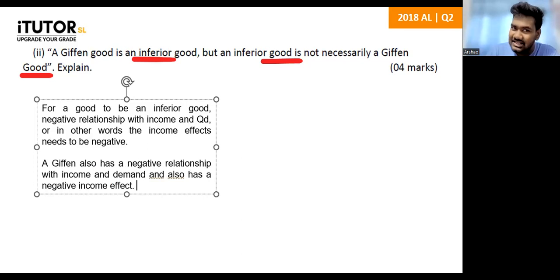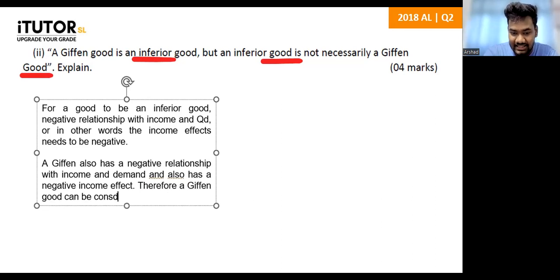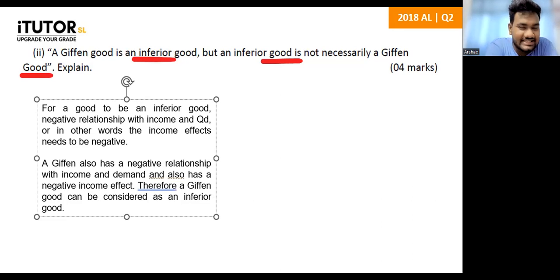You should have a negative relationship between income and demand, or in other words, a negative income effect. A Giffen good is meeting that condition. Therefore, a Giffen good can be considered as an inferior good. So this is the first part of your answer. You give the condition and you say that, look here, Giffen goods fulfill that condition. So therefore, Giffen goods are also inferior goods.